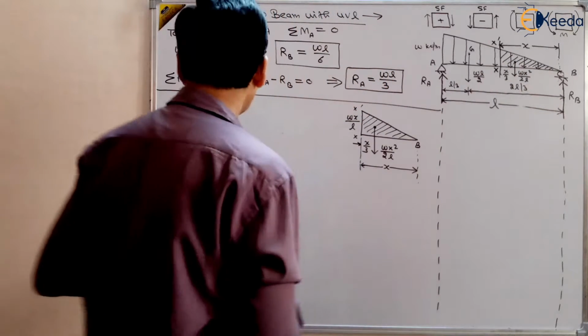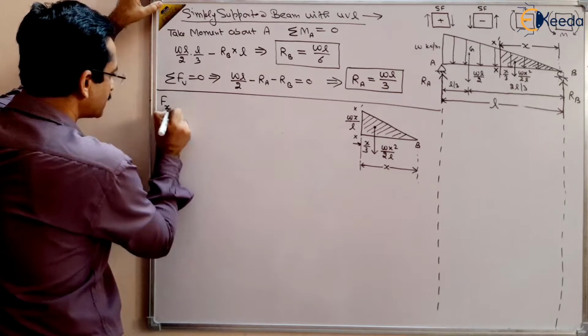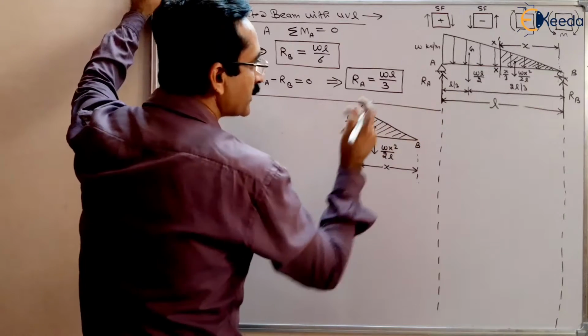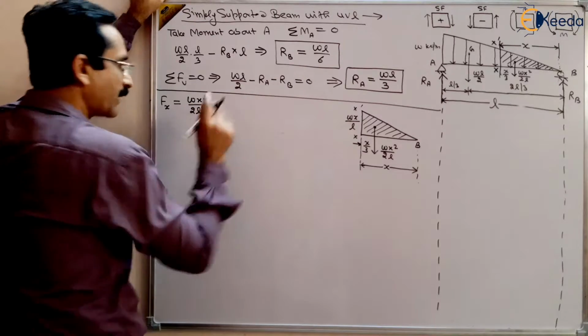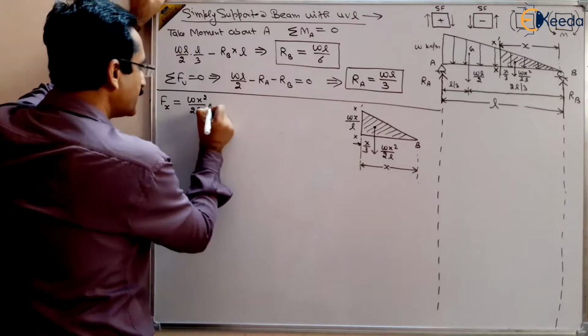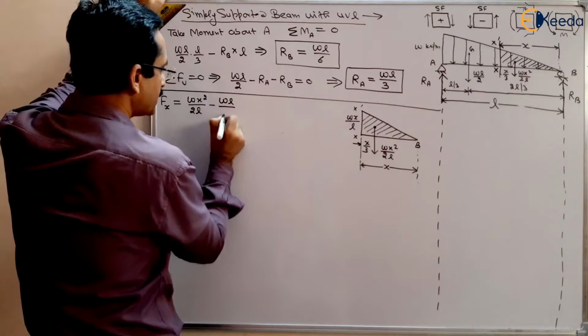So let us take the shear force at distance x. Shear force Fx will be equal to Wx square by 2L, positive because it is rightward downward, minus RB, and the value of RB is WL by 6.